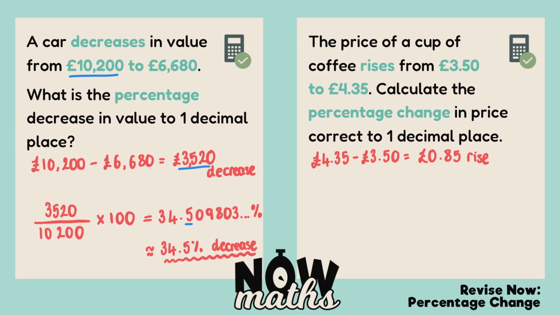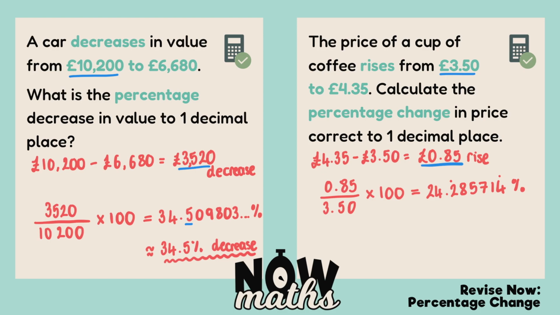Now we know the difference, we need to write the difference as a fraction of the original price, which is £3.50. So we write 0.85 over 3.50, and we don't need to worry about converting this fraction into a percentage manually, because if we multiply the whole thing by 100, our calculator will convert it for us. And when we type this into our calculator this time, we get an answer of 24.285714 recurring percent.